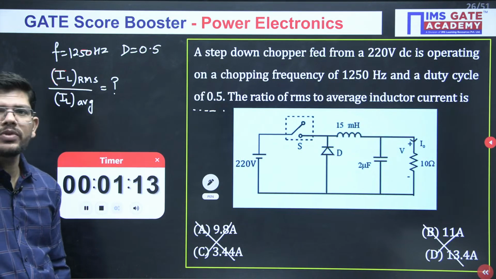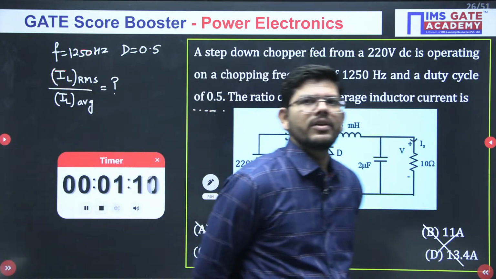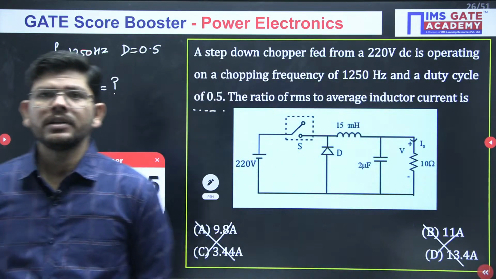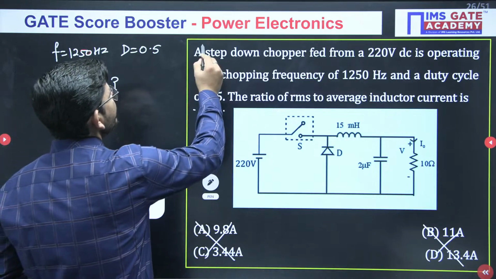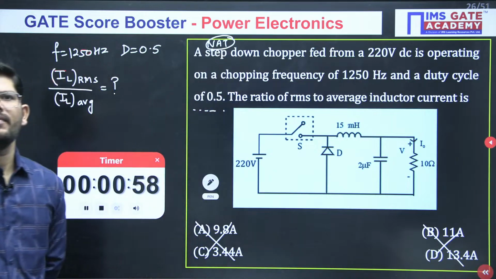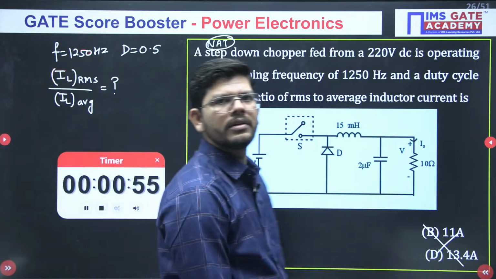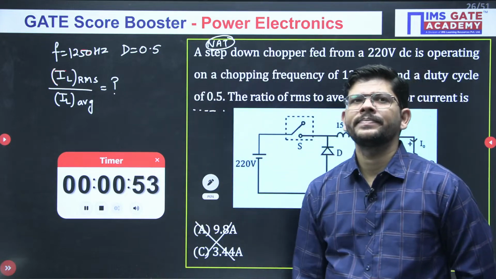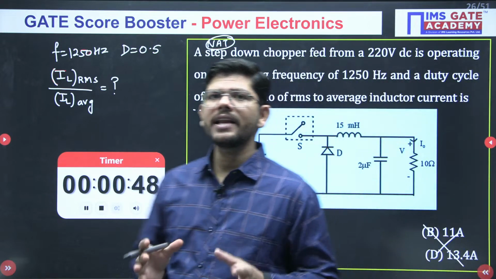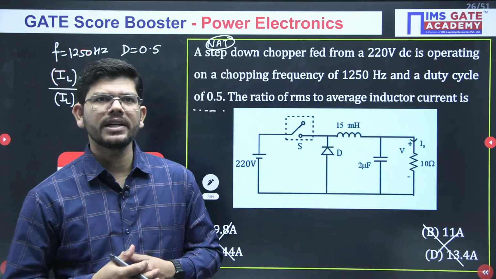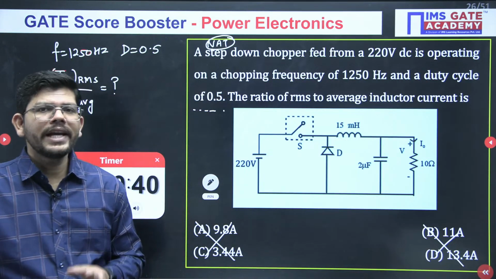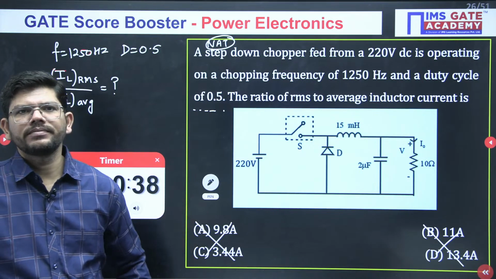You have to find the ratio of RMS inductor current to the average inductor current. So I'm converting this into an NAT type question. Okay. For that you need to have formulas. Don't be in a hurry. Take your time and give me the answer.